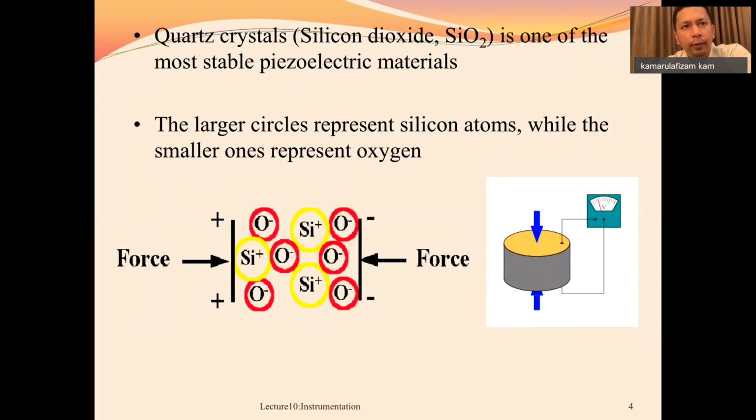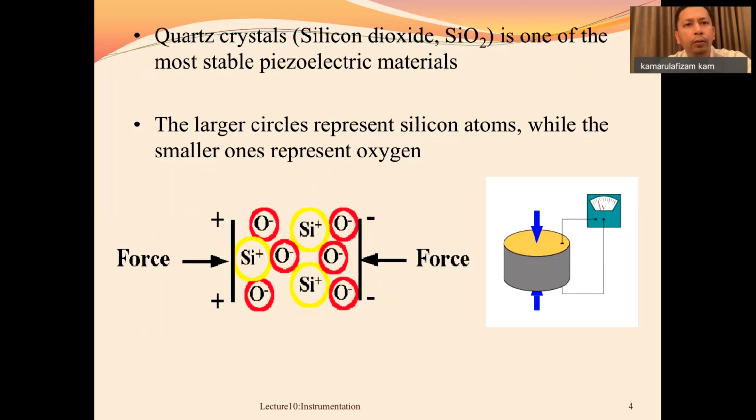The quartz crystal here, which is silicon dioxide, is one of the most stable piezo materials. It says here in the slide, and you can see from the figure down there, that you have silicon and oxygen, where silicon carries the positive charge and oxygen carries the negative charge.